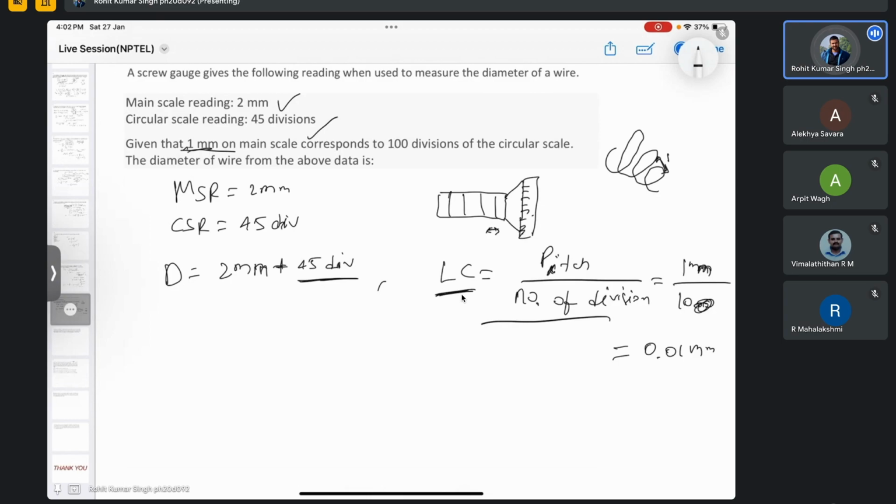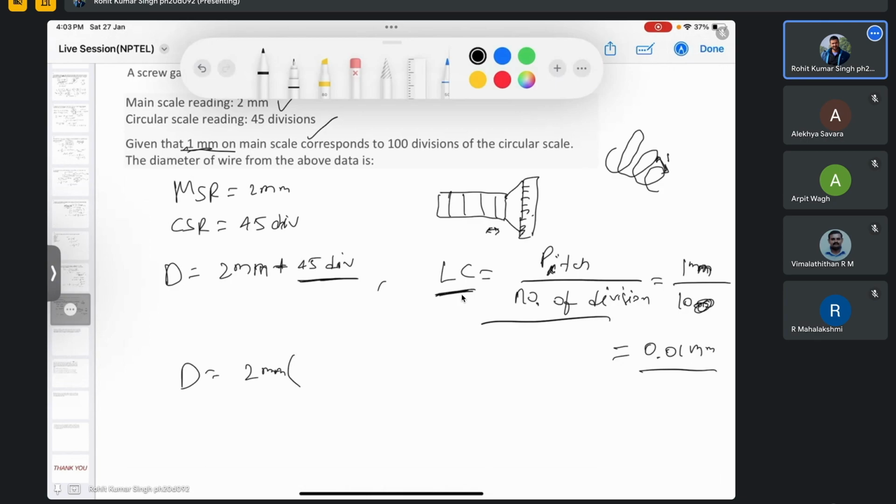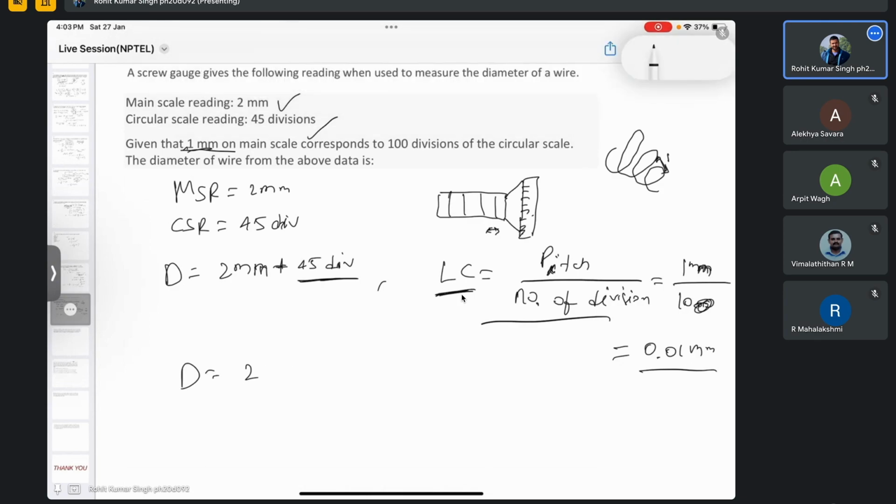So we have found the least count, and the diameter will be 2 mm plus 45 times 0.01 mm, which is 2.45 mm.